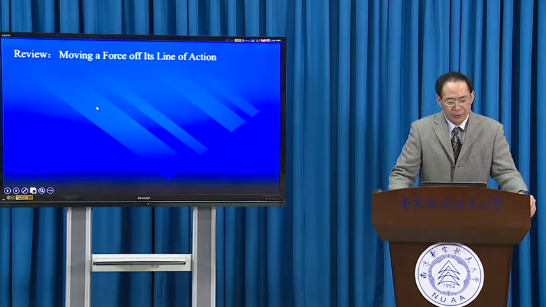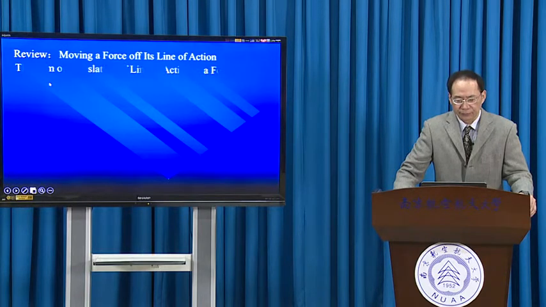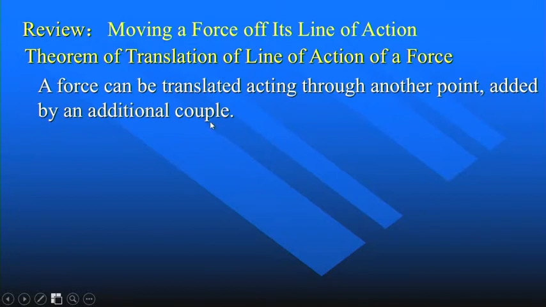Before making the reduction, we should review some content we've already learned, called moving a force off its line of action. This is the theorem of translation of line of action of a force, which tells us that a force can be translated to act through another point, added by an additional couple.